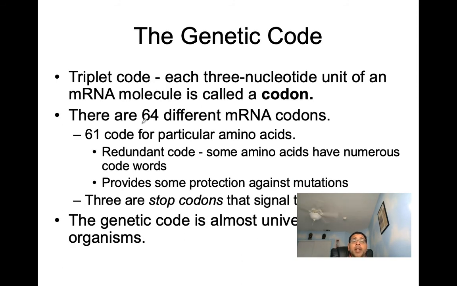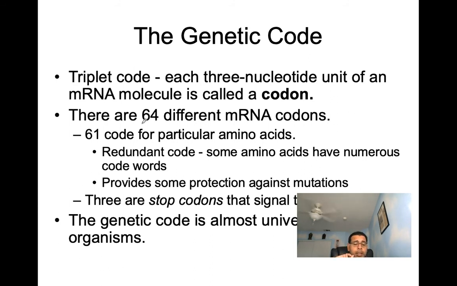So here then first I'd like to talk to you about the genetic code. When we talk about the genetic code, I want you to know the sequence of bases in DNA is transcribed into mRNA, which codes for a particular amino acid sequence to form a polypeptide. I want you to understand a triplet of nucleotides is called a codon.